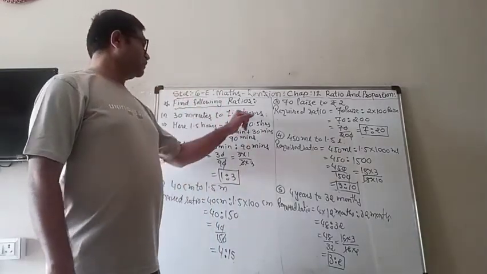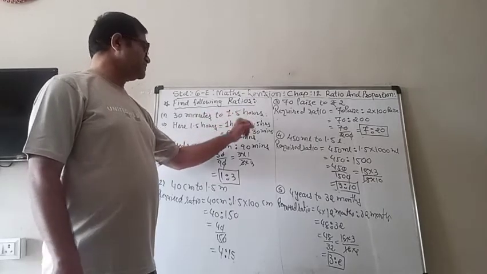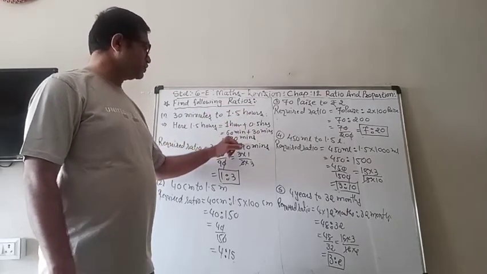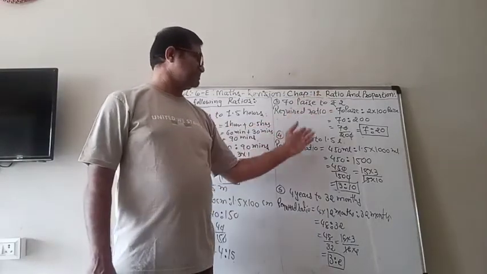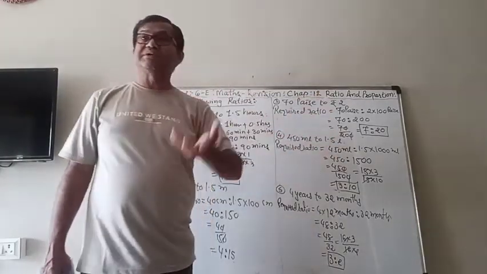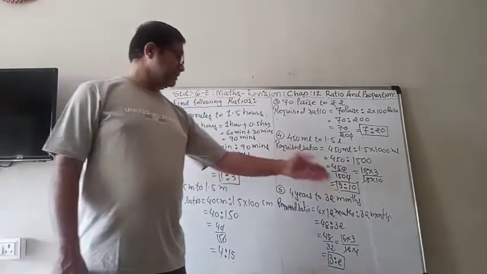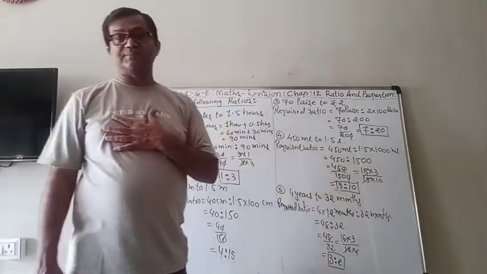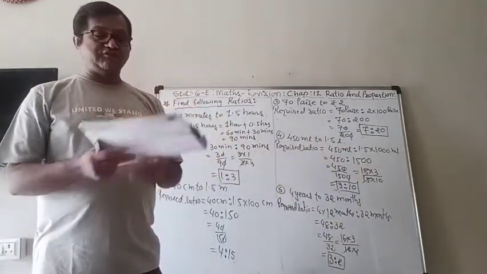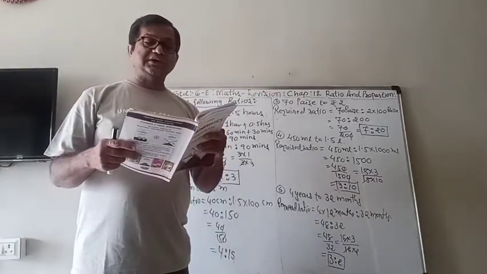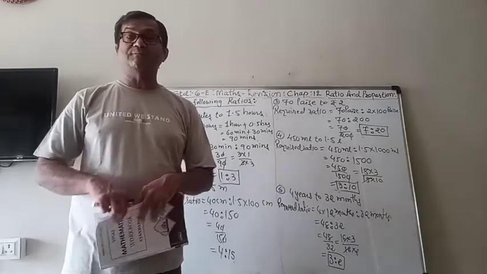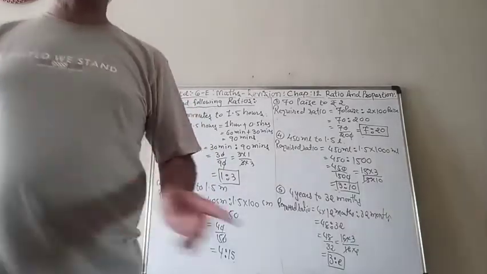Like here, hours and minutes. 1 hour is 60 minutes, and according to that, similarly, meter and centimeter, rupees and paise, liter and milliliter, it can be kilometer and meter, days and years and months, etc. So that is very important, and then you have to convert it into its simplest form. So you will get the answer like that.